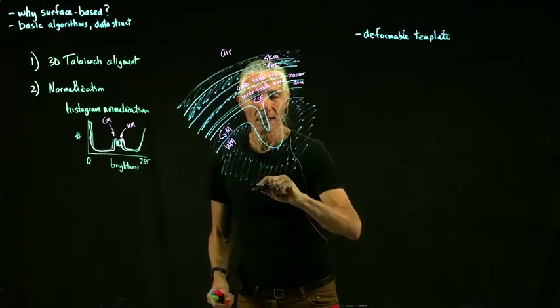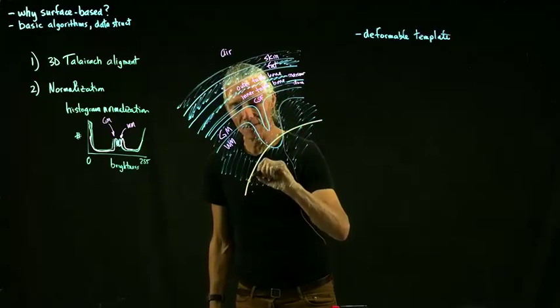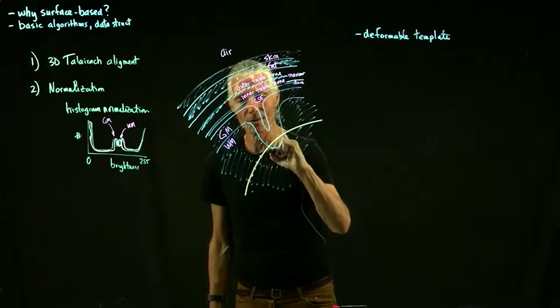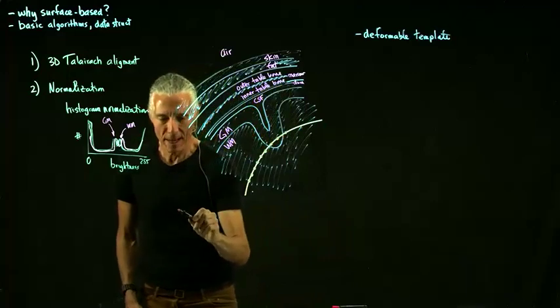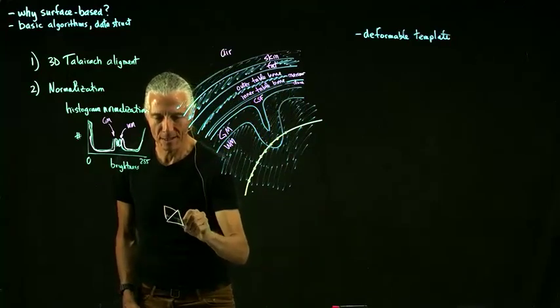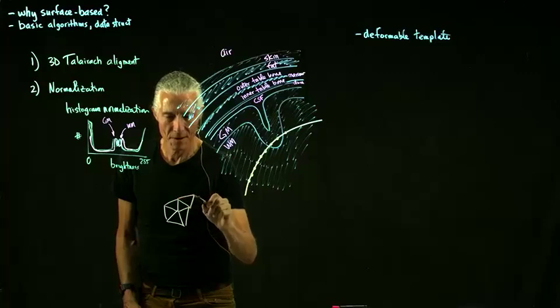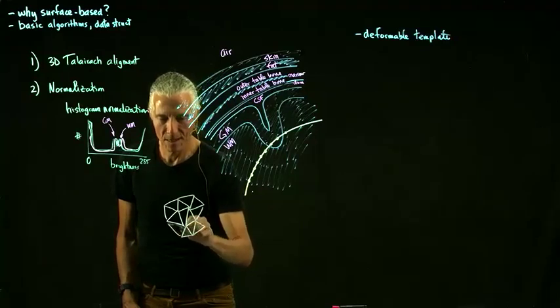So let's put a surface in the middle like that. And here are the vertices in the surface, which are the corners of the surface. The actual surface, if you look at it, is just a bunch of triangles stuck together. It's a typical computer graphics representation of a surface.